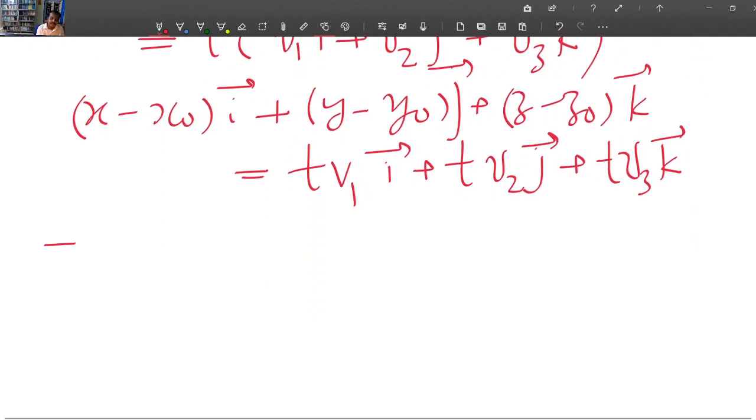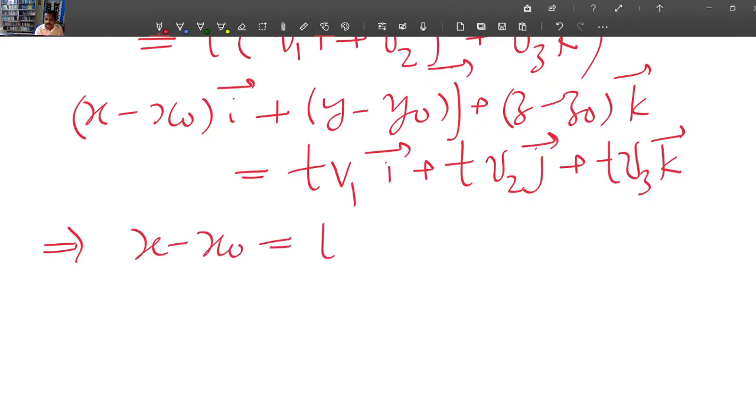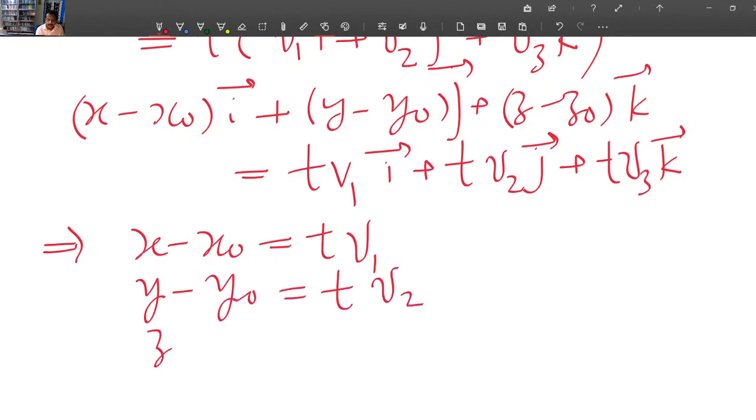So this implies x minus x naught is equal to tv1, y minus y naught equal to tv2, and z minus z naught equal to tv3.